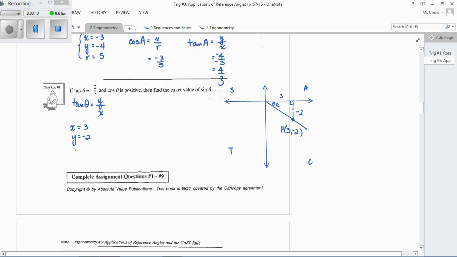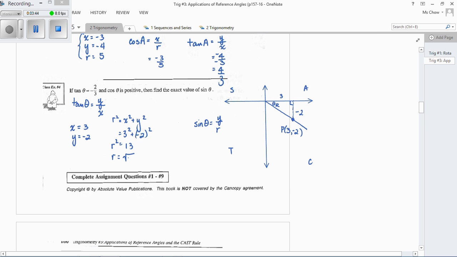Let's then solve for r, because sine of theta is equal to opposite, y, over the radius, so we need our r value. Again, r squared is equal to x squared plus y squared, or 3 squared plus negative 2 squared, or 9 plus 4 is 13, so r squared is 13.